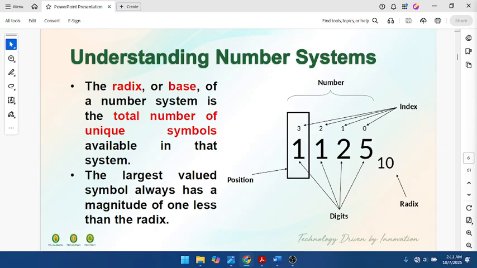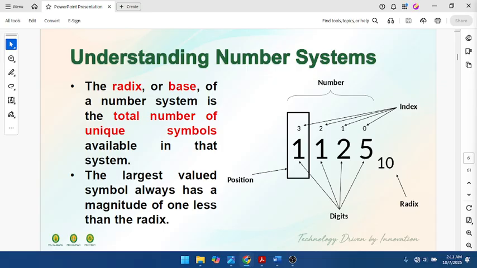The decimal system we use daily is base 10 because it has 10 unique symbols, 0 to 9. The second rule: the largest symbol in a system is always one less than the base.